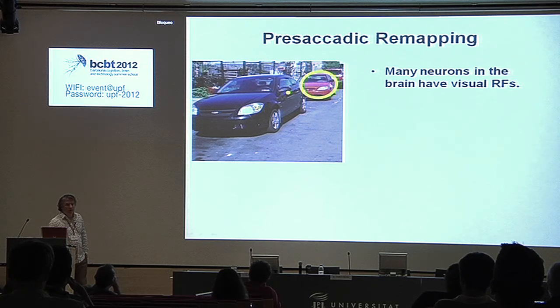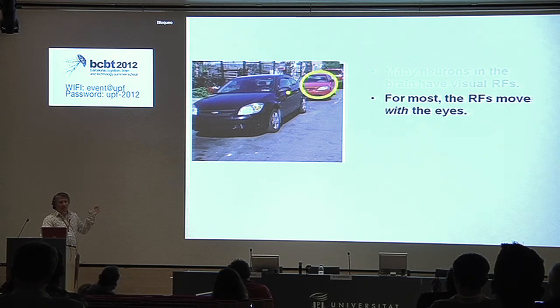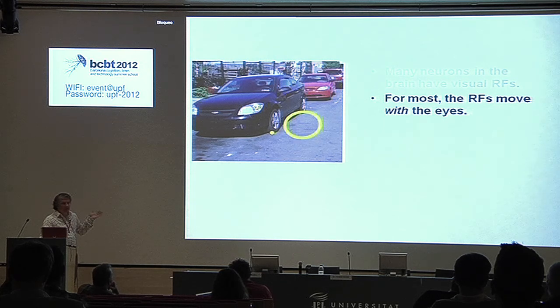It has a window on the world, or a receptive field. For most neurons in the visual system, probably, the receptive fields are simply yoked to the eyes. When the eyes move, the receptive fields move, just like the receptive fields on the retina itself. So when the saccade occurs, let's say down to the tire of the car, the receptive field just moves with the eye.